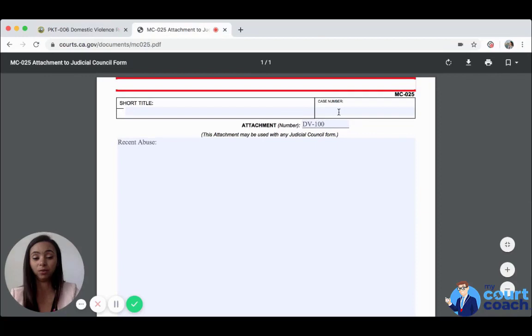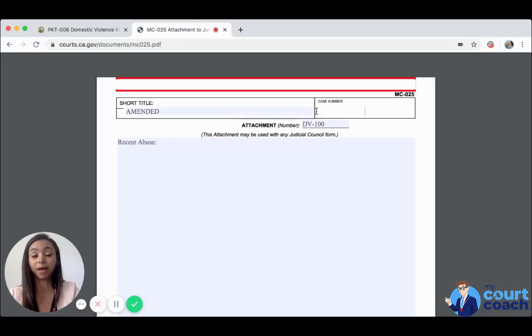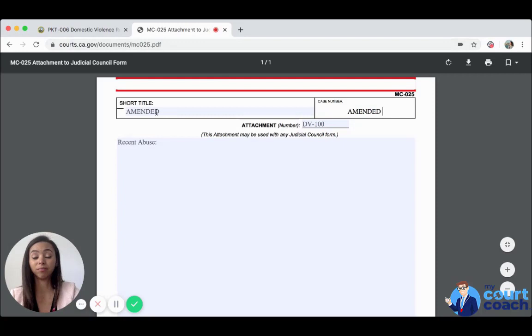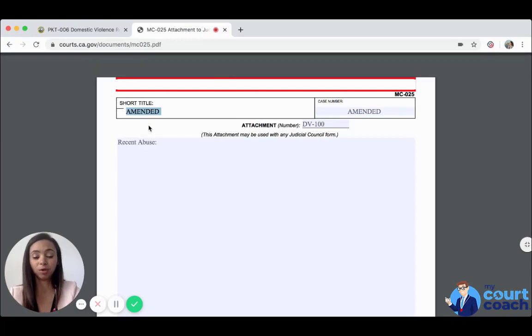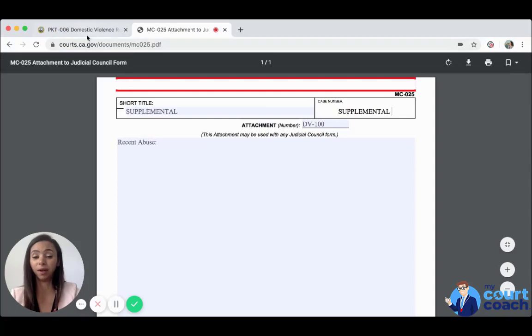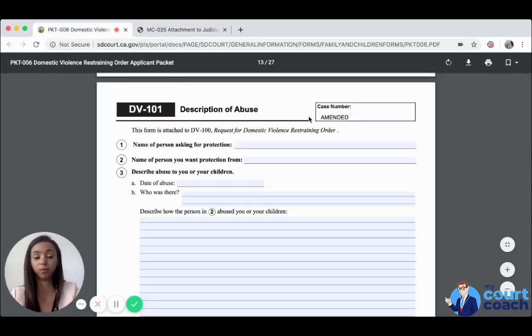If you wanted to amend it, you can write it even here, "amended," and then your case number or your case names, or you can write the word amended here. Or if you didn't want to use the word amended, because amended means that you're changing things in your description of abuse filings initially, you can also write "supplemental." So if it was a supplemental declaration, then great, you can go ahead and write those words as well.